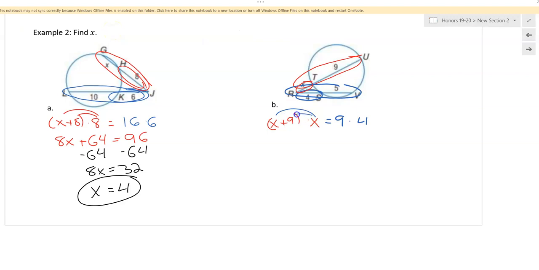So now distributing, I have x squared plus 9x equals 36.